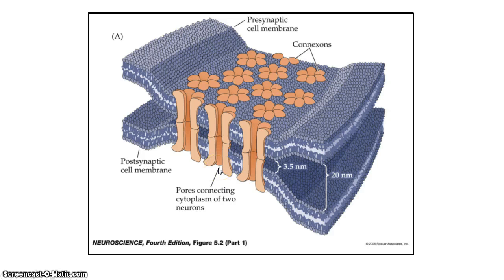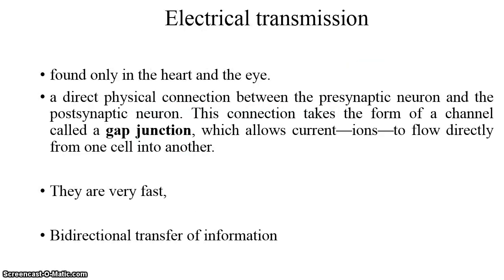This is the way to transfer information from one neuron to another. So what is the advantage over chemical transmission? These are very fast compared to chemical transmission, and the information can be transferred in both ways, so it is bidirectional transfer of information. And these electrical transmissions are found in the heart and the eye.